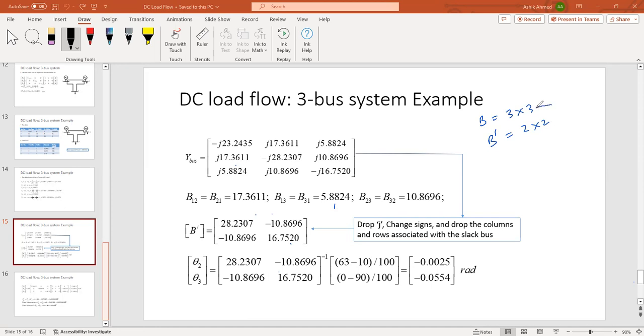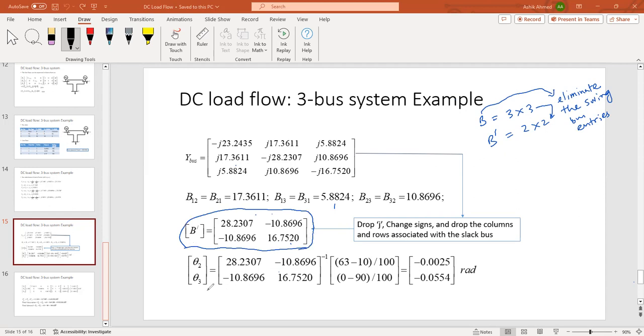So to reach from here to here, you eliminate the swing bus entries of the B matrix, and whatever is left is treated as B dash.